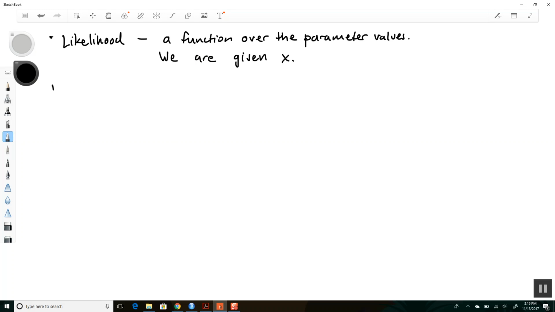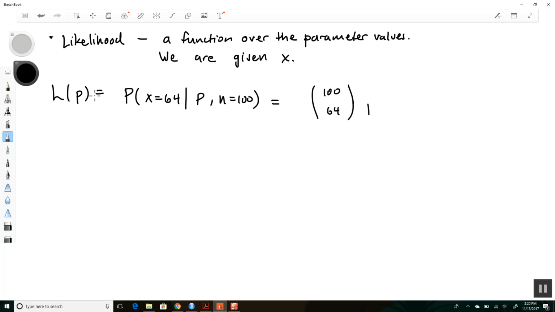So here we have the likelihood function over the different possible values of p, which in this case is going to be the probability that x equals 64 given some value of p and n equal to 100. This will look like 100 choose 64, p raised to the 64, and 1 minus p raised to the 36. This looks very similar, but the thing that's different is that it is not a function of x, it's a function of p.